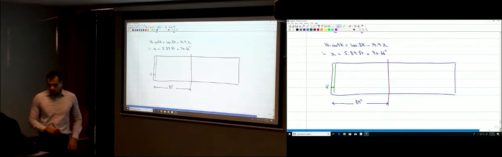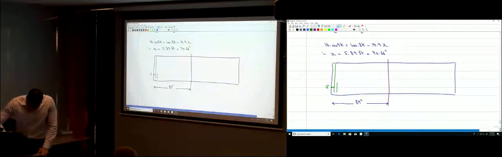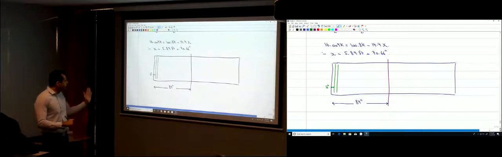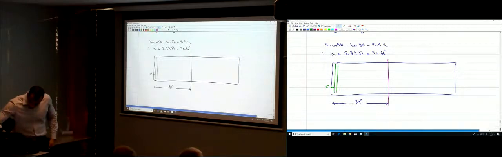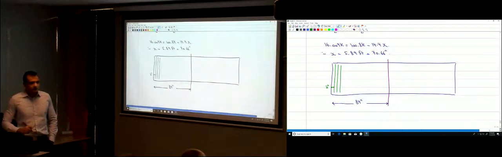Okay? And then I'm going to provide the second one at 5 inches of spacing. So how much is the distance now from the face of the support to the second stirrup? 7. How much is the distance here? You add another 5 inches, it's 12.